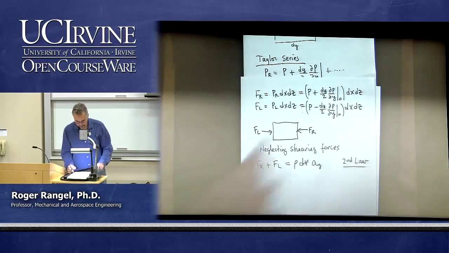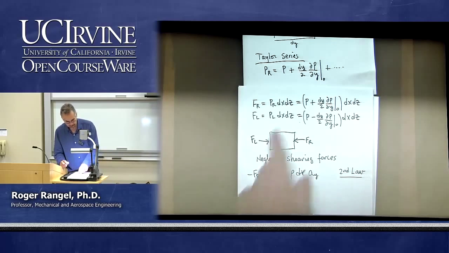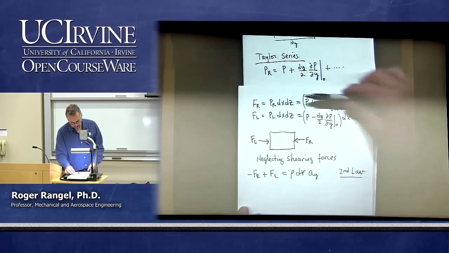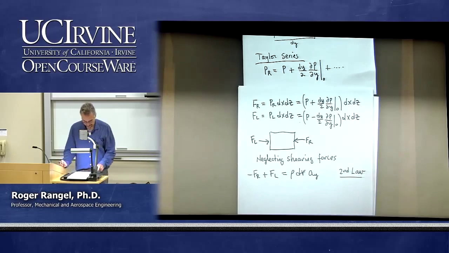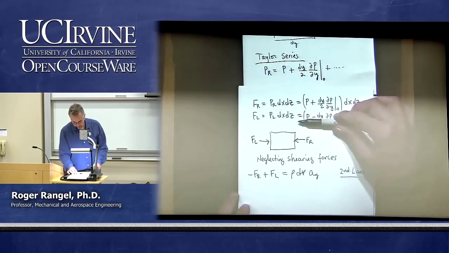So putting everything together, if I do minus F sub r plus F sub L, I am going to be flipping the sign of the expression on the top. All right? So this will be all negative, this will stay positive.